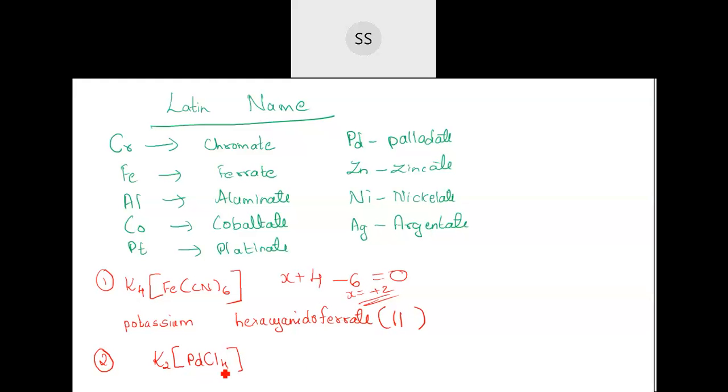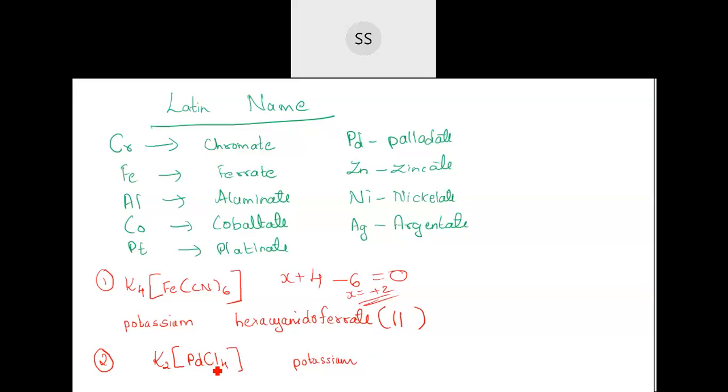Okay, next one. See this. Potassium ion again outside, so you will write the name, potassium. Leave a space.